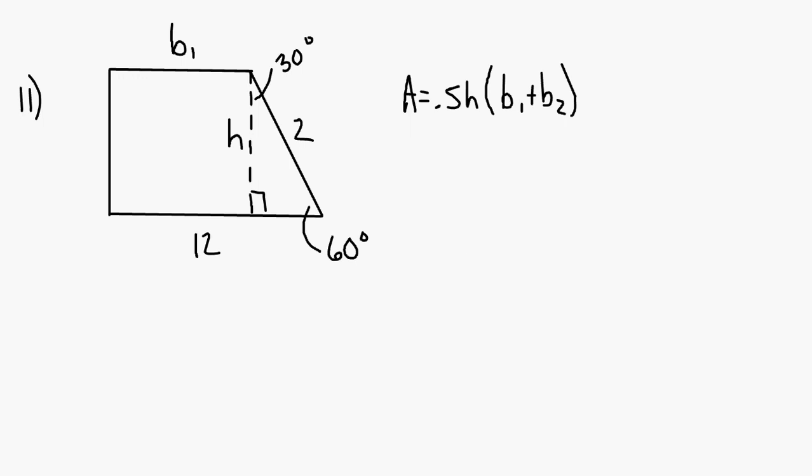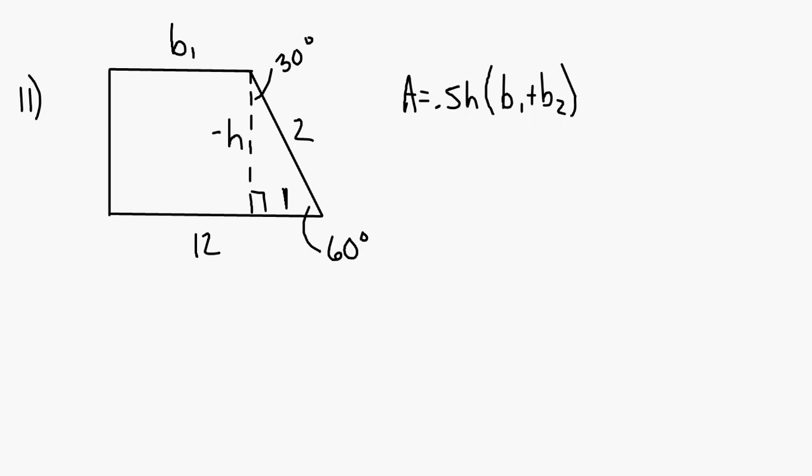In a 30, 60, 90 right triangle, the hypotenuse is twice as big as the shortest leg. So this short leg right down here, this piece is 1. The other leg in a 30, 60, 90 triangle is the square root of 3 times the short leg.